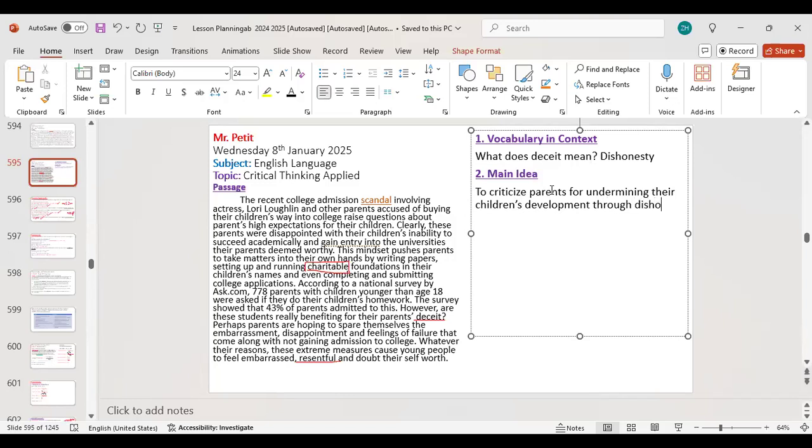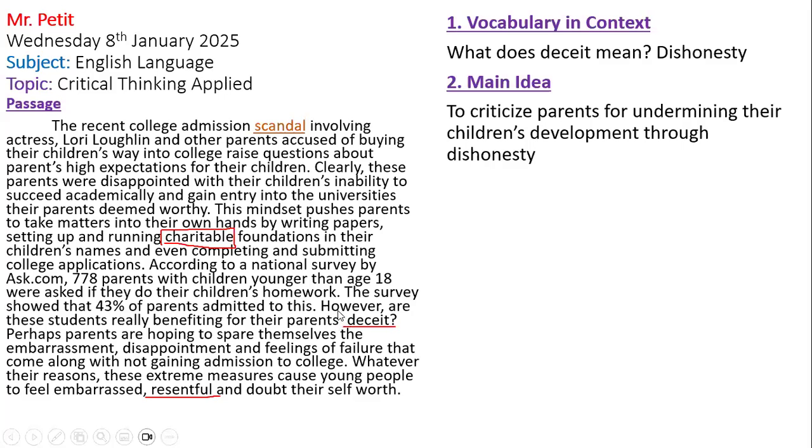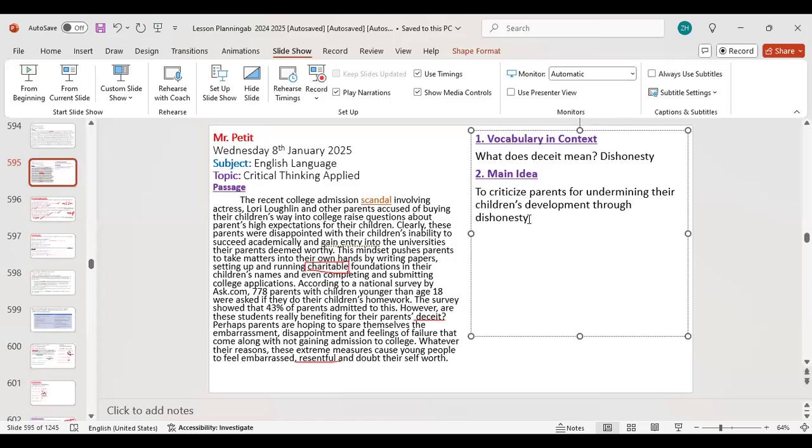Dishonesty. And you know it's that because why? The author said, "However, are these students really benefiting from their parents' what?" Deceit. So the correct answer is definitely B.